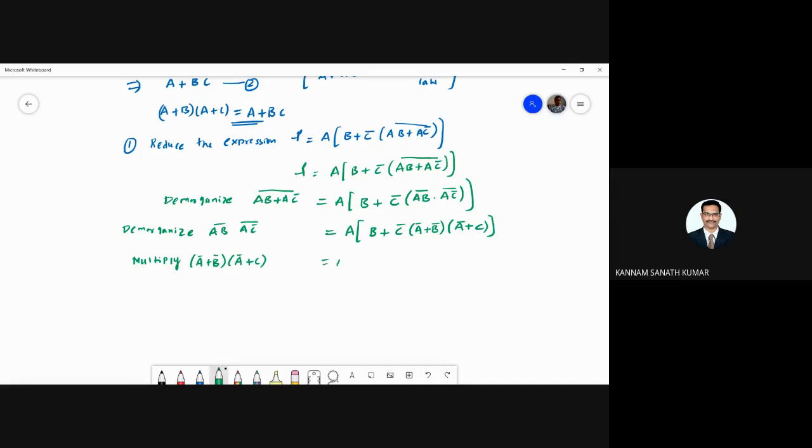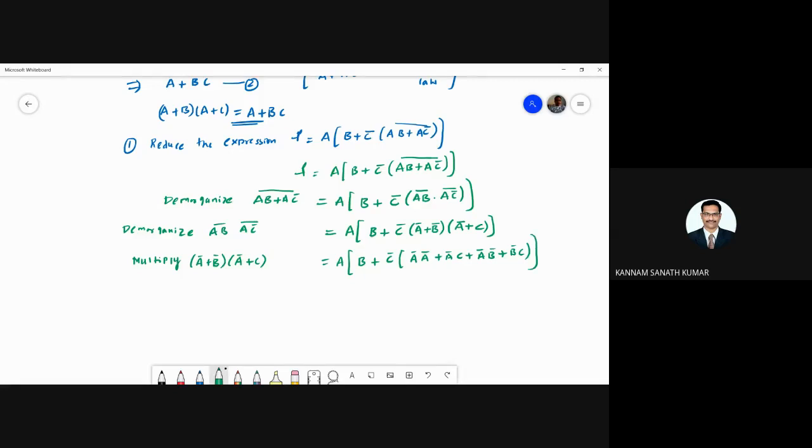So next you multiply: A bar into A bar plus A bar into C plus A bar into B bar plus B bar into C.